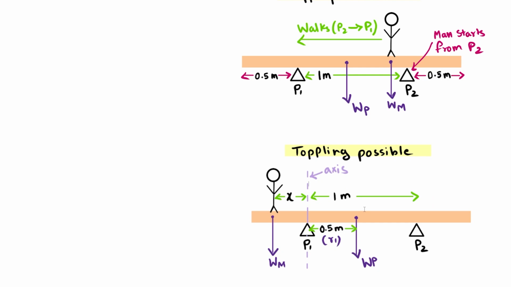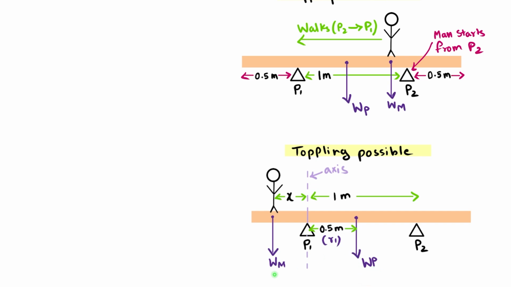So let's say हमारा man जो है एक x position पर पहुंच जाता है from our axis P1, जिसके वजह से उसका weight का जो component है is trying to produce a counter-clockwise torque. Now, in this case, the only balancing torque or the countering torque that can be provided is the torque provided by the weight of the plank, that is WP.